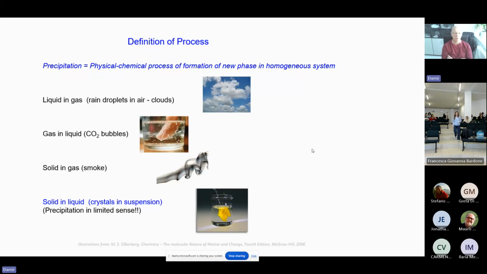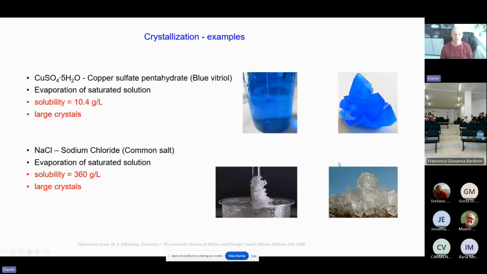Another example is formation of carbon dioxide bubbles in a carbonated solution. So this is an example of formation of gas in a liquid phase. Solid in gas is the example of smoke. This is also precipitation. But when we talk about precipitation in the limited sense, then we talk about formation of a solid in a liquid phase, formation of crystals in a solution or later on in a suspension.